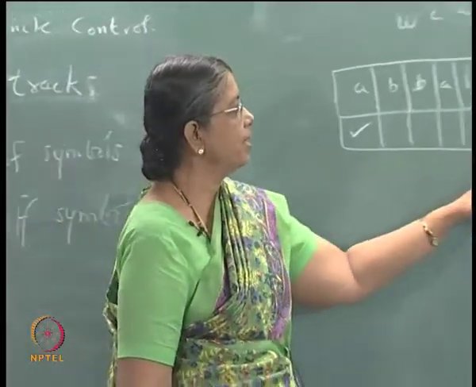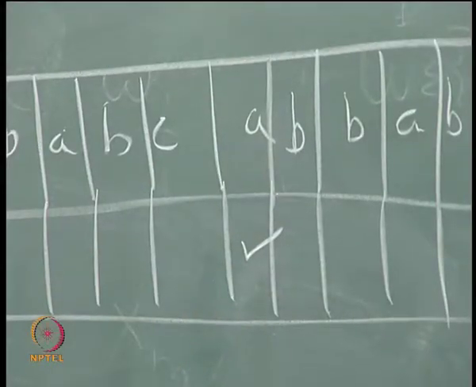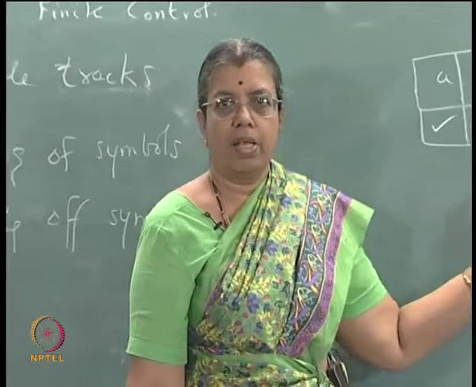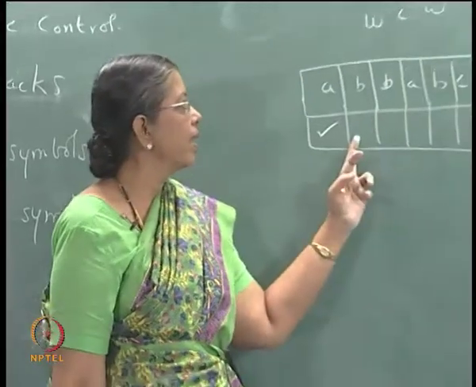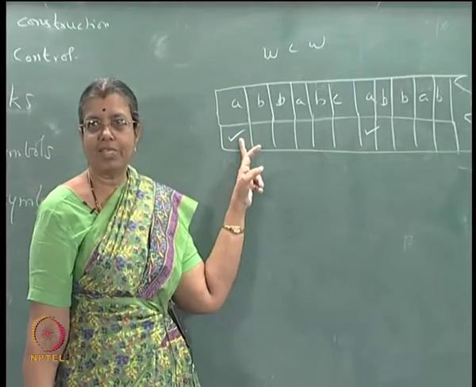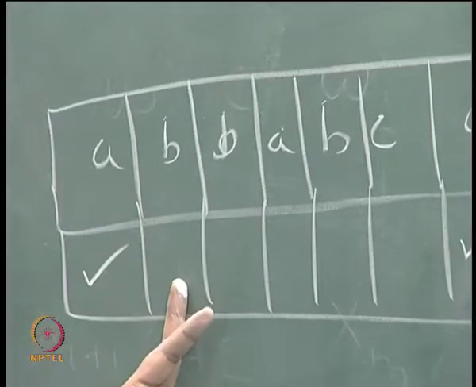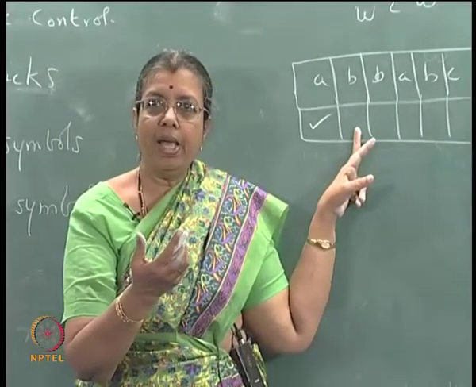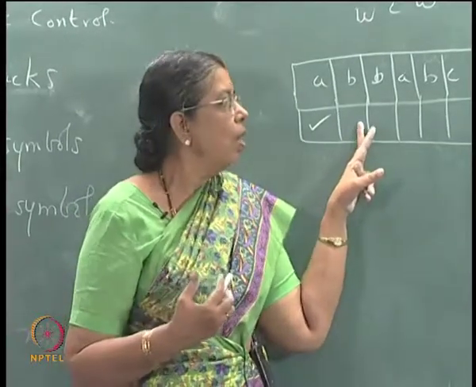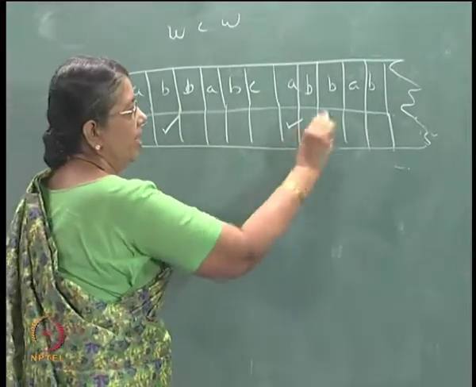Then move past this, take the first symbol, check it off. Again come back, and when you come here, check the symbols you leave out, the first unchecked symbol you have to see. It is a B, store that information in the state, move to the right, check this off, then move to the right and check this off.